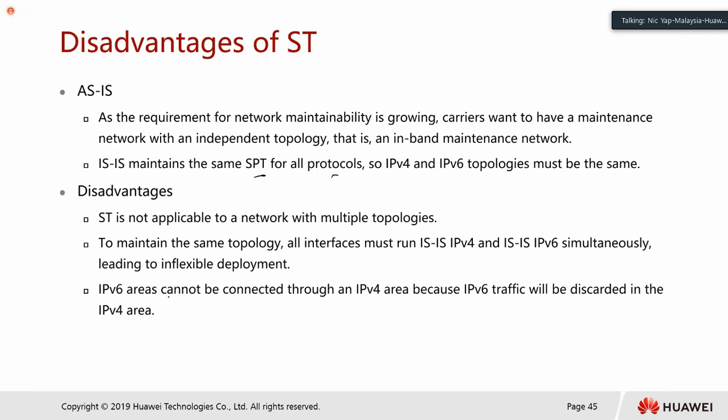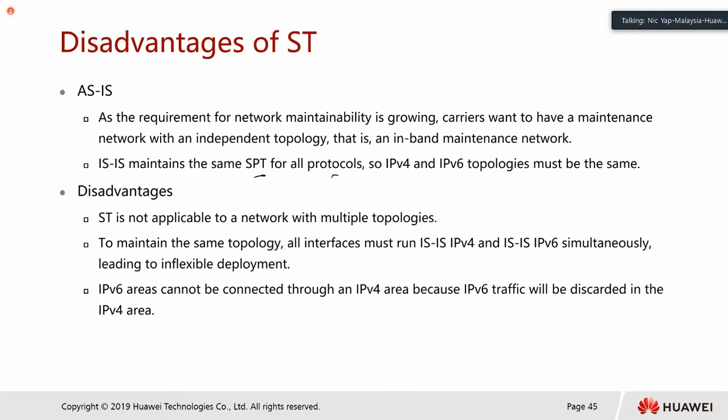And an IPv6 area cannot be connected through an IPv4 area, because IPv6 traffic will be discarded in the IPv4 areas. That is also a drawback: you cannot just pass IPv4 and IPv6 between them, because they are not allowed to pass through your IPv4 areas.